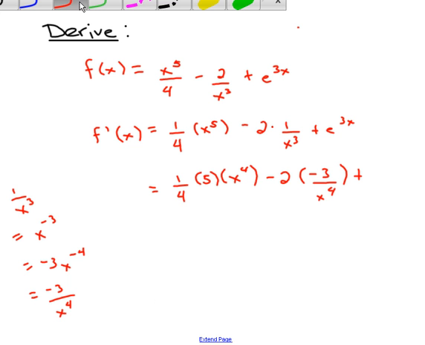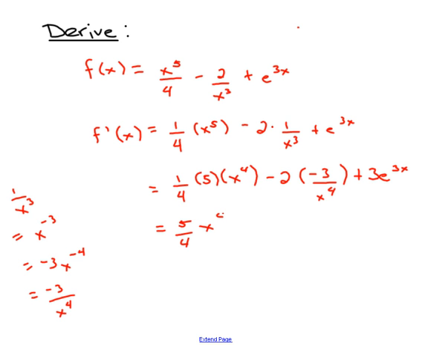Okay, come back up here. So where was I? I was left in deriving this one: 3e to the 3x. And all you have to do now is combine your like terms: 5/4 x to the 4 plus 6/x to the 4 plus 3e to the 3x.